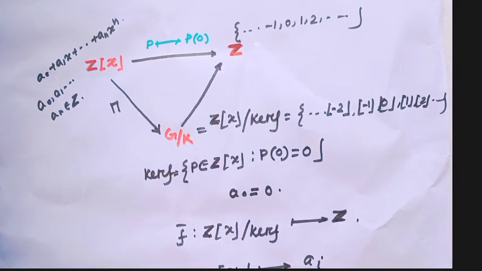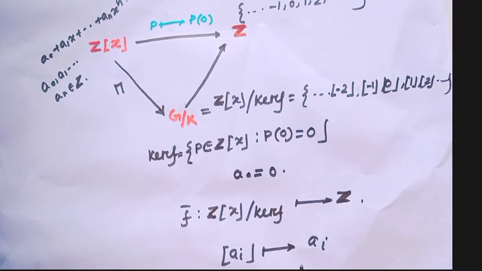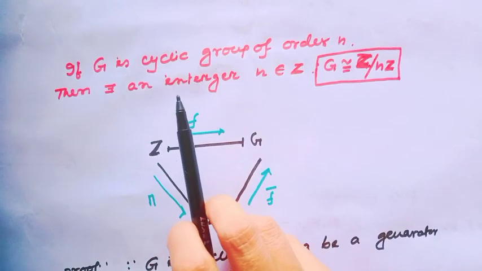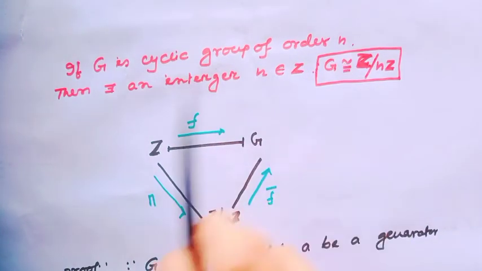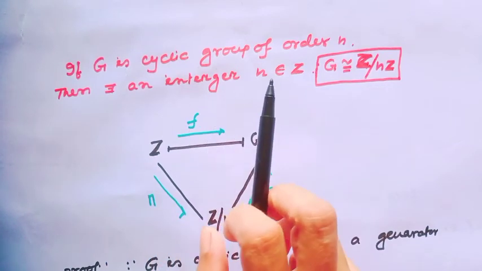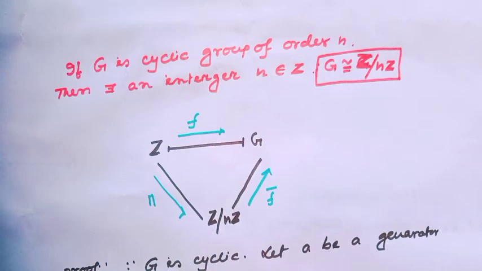Are you getting it? And this is always an isomorphism, because this is a homomorphism that is both one-to-one and onto. Let's see one more example. If G is a cyclic group of order n, then G is isomorphic to Z mod nZ.